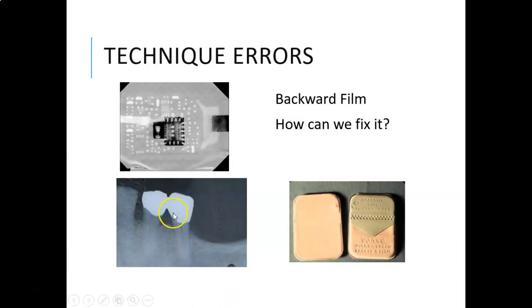Another technique error would be if you're using traditional film and the film is backwards. As we know with our digital, the cord is coming out of the back of the sensor, so the smooth part of the sensor is the face or the front. But with traditional film, like you see over here in this picture, where the envelope opens up, you can open up the whole film packet.